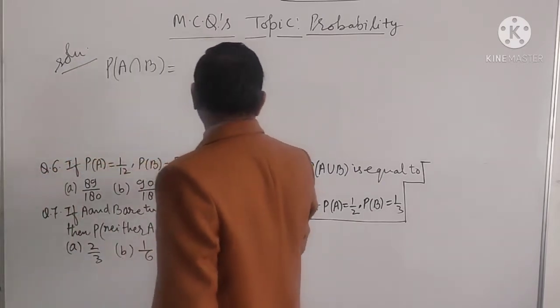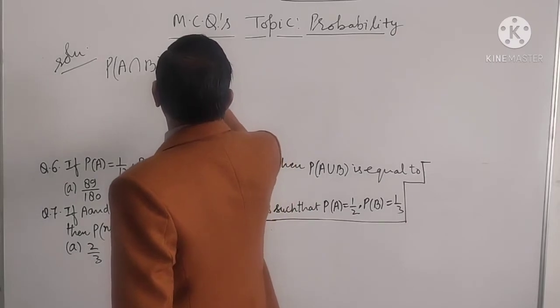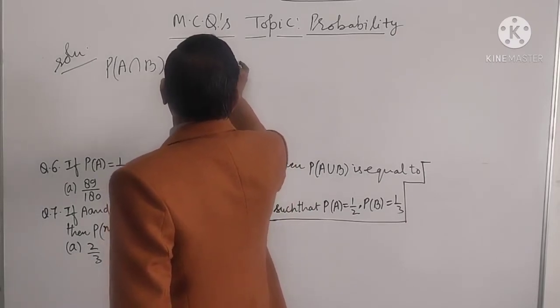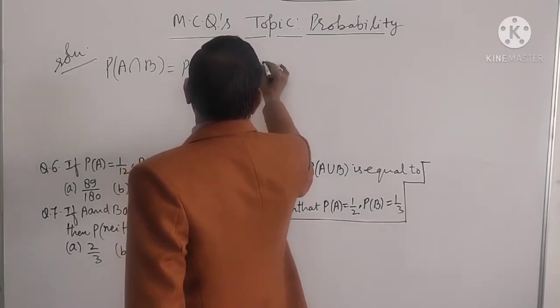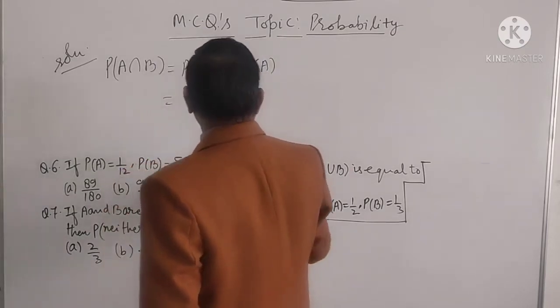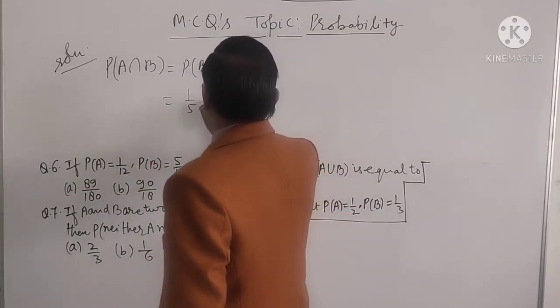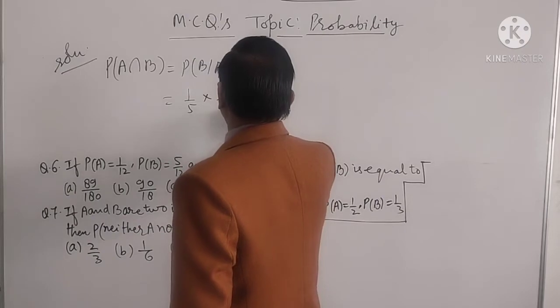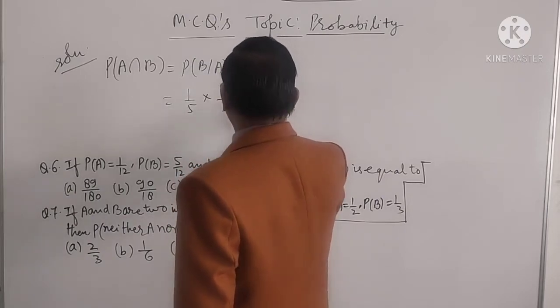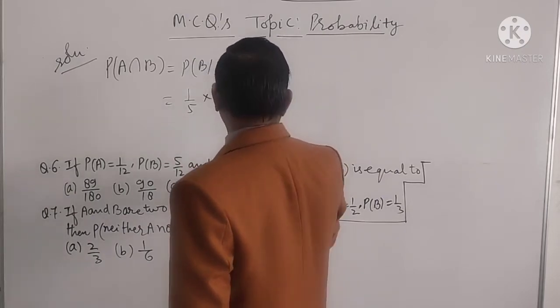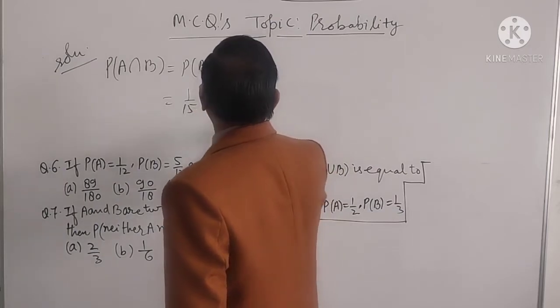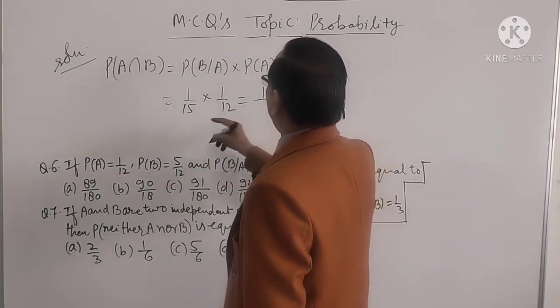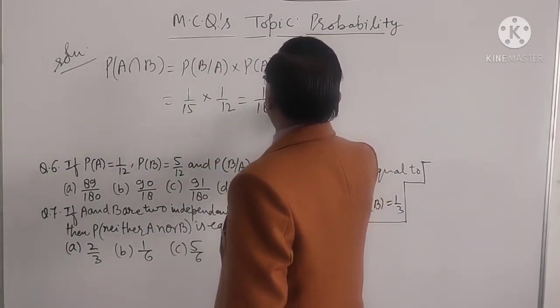It is P(B|A) into P(A). P(B|A) is 1 by 15, P(A) is 1 by 12, it is 1 upon 180.